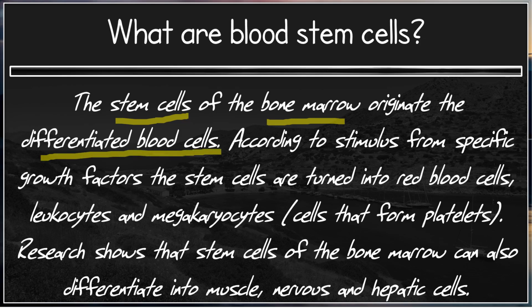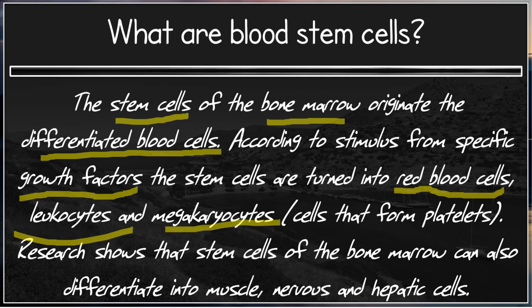According to stimulus from specific growth factors, the stem cells are turned into red blood cells, the leukocytes, and megakaryocytes, cells that form the platelets. Research shows that stem cells of the bone marrow can also differentiate into muscle, nerve, and hepatic cells.